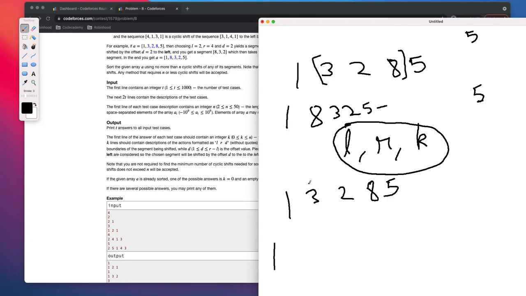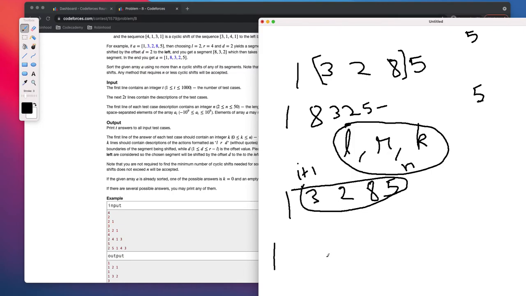Now we know that in the four leftover elements, 2 should be the next element. So simply I can take the range from i plus 1 till n and find where the next smallest element is, that is 2.